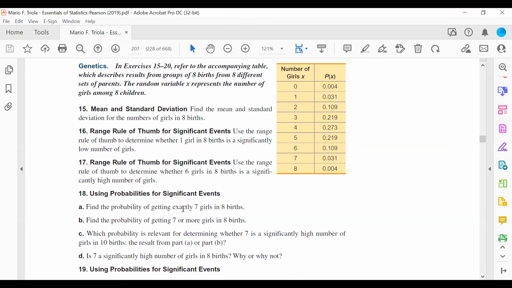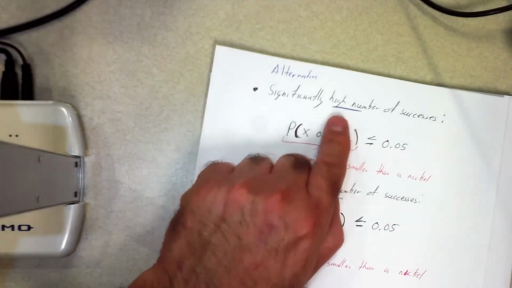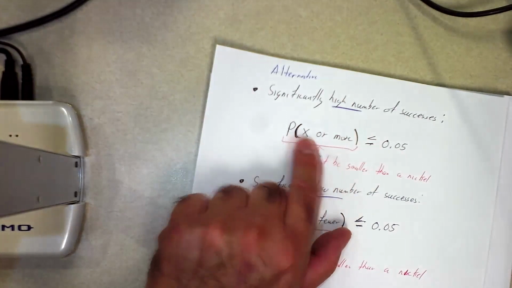The exactly or the 7 or more. Does it say exactly on there, or fewer, or more? It said a high number, so I'm going to use the or more.